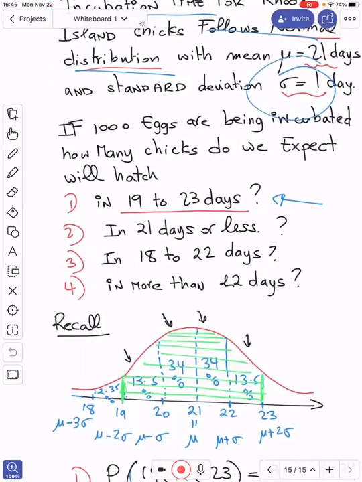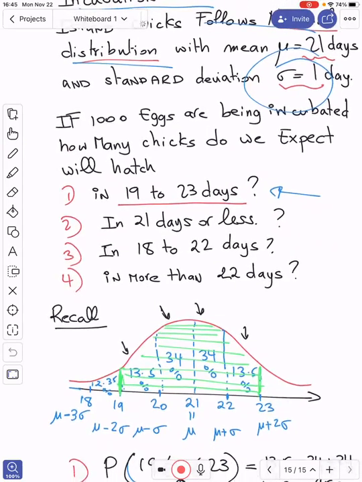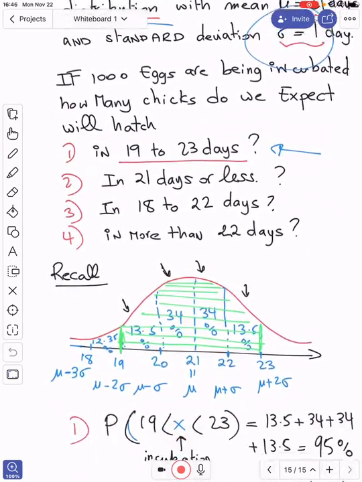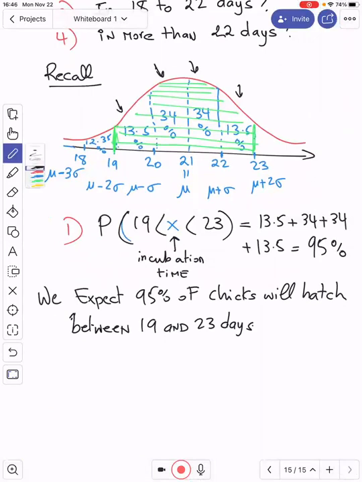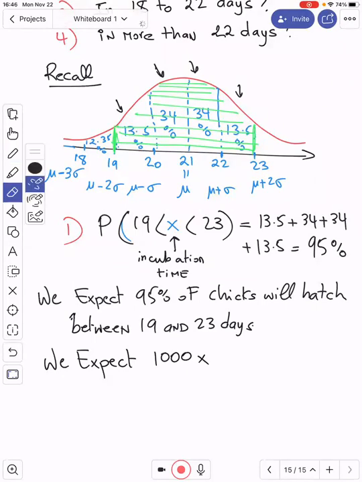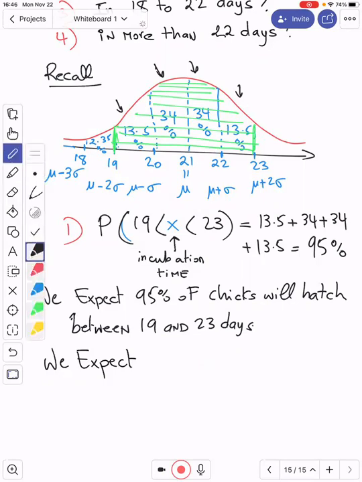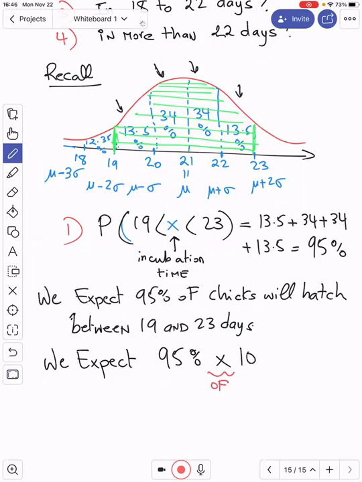So 95% of the 1,000 eggs. When I say of, that's a multiplication, right? 95% of the 1,000 eggs will be equal to 950.